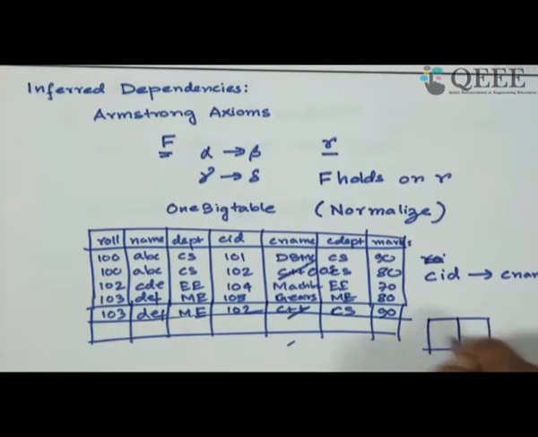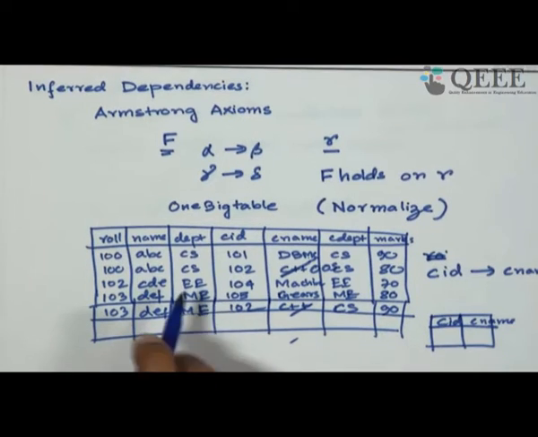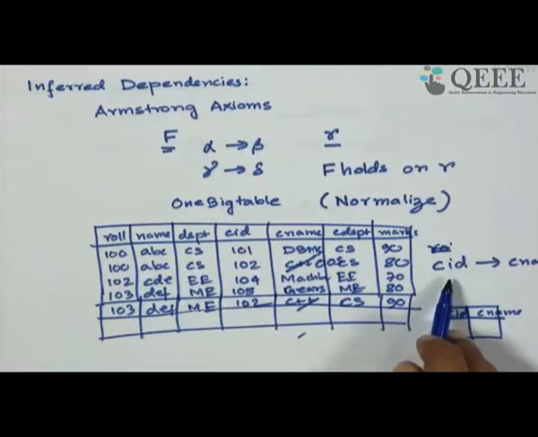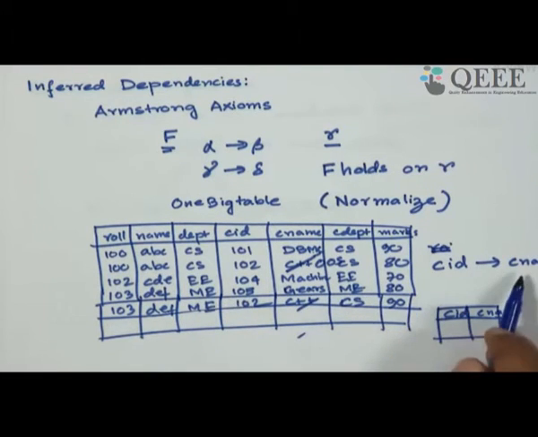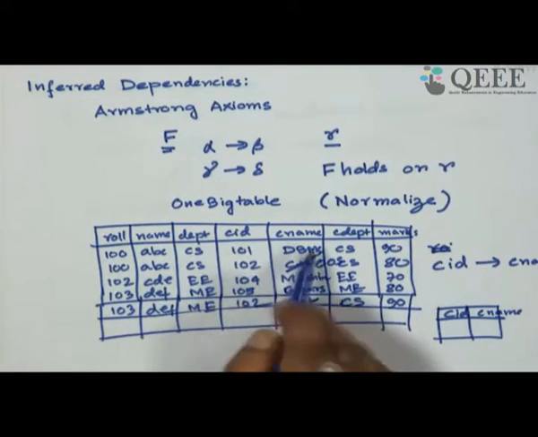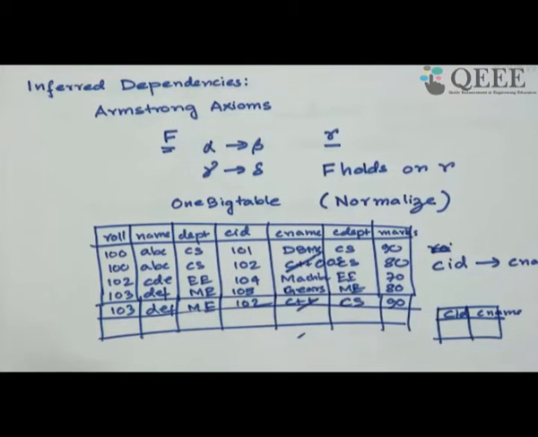One is course ID, course name, and the other is R minus course name, with course ID retained. So role, name, department, course ID, course department, marks is the remaining table.